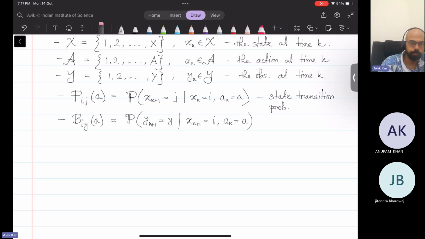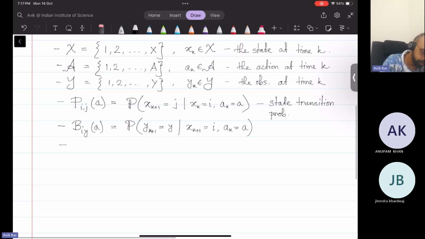Okay, so then there will be a reward or cost, anything will be fine. So R(xk, ak) is the reward obtained at time k.